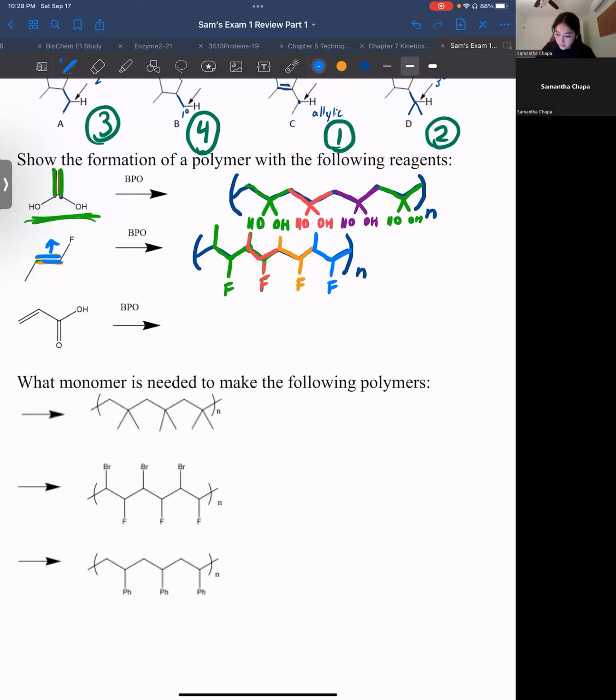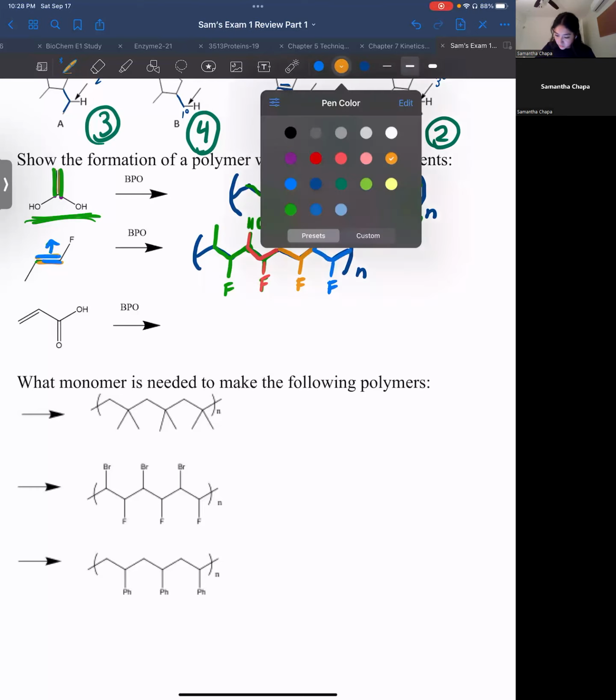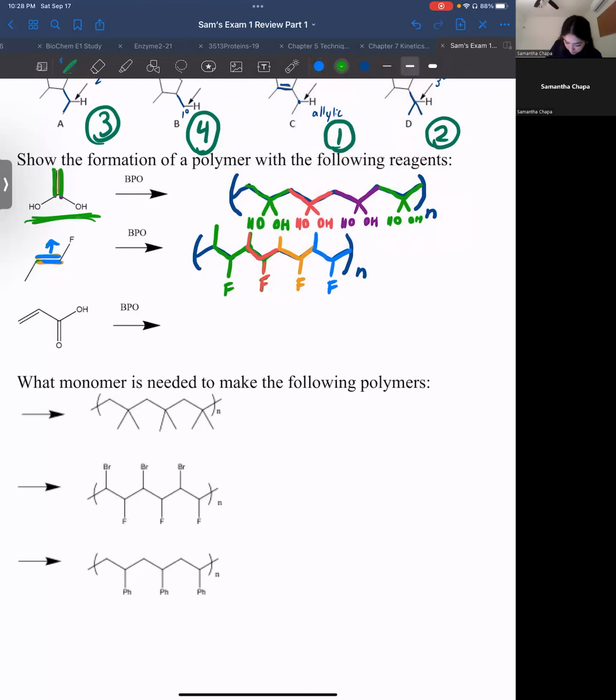Okay, so then the next one. Charlie Brown sweater, with an N, telling you that your polymer is continuous. Break the double bond into a V and keep connecting them.